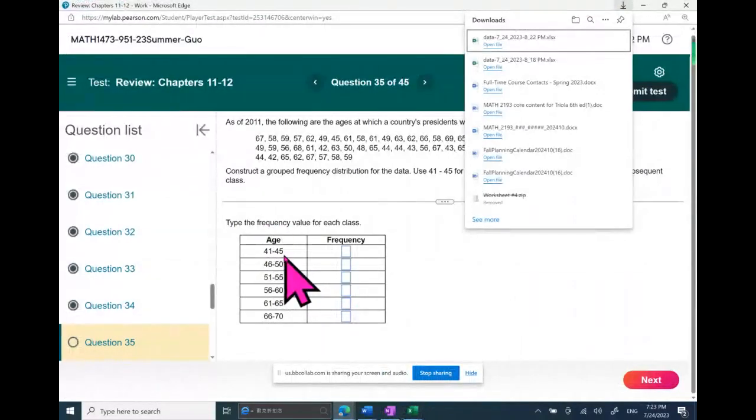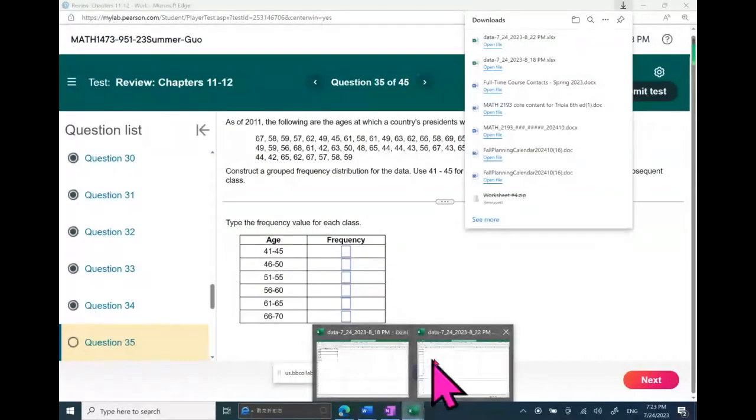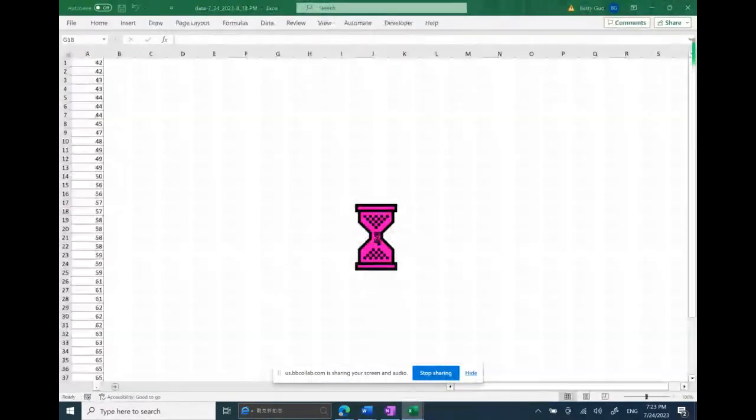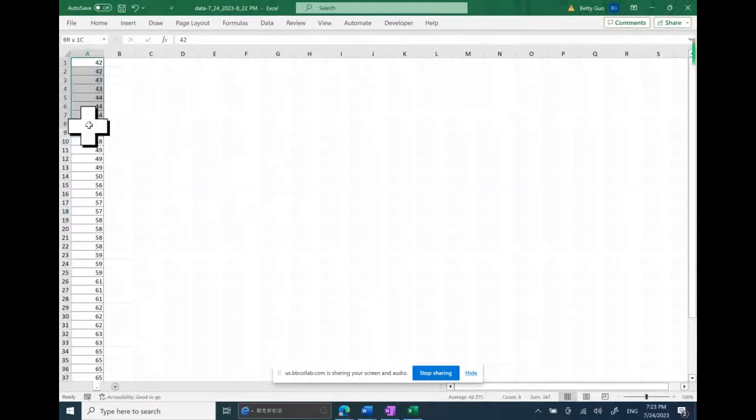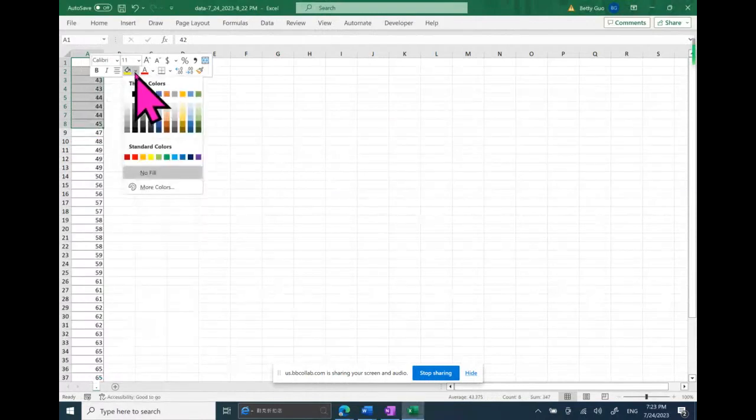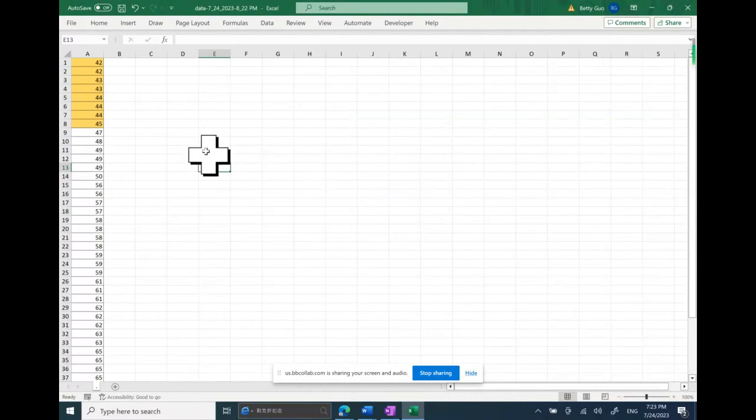The first class is 41 to 45. I'm going to color it different. Color it in yellow. Yellow here, right? Yeah, 41 to 45.